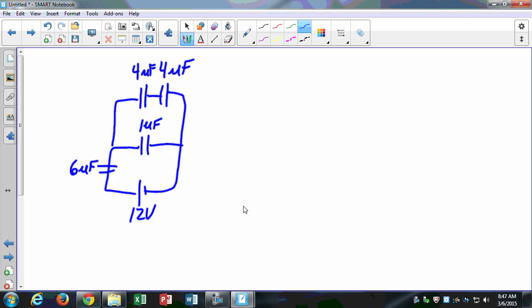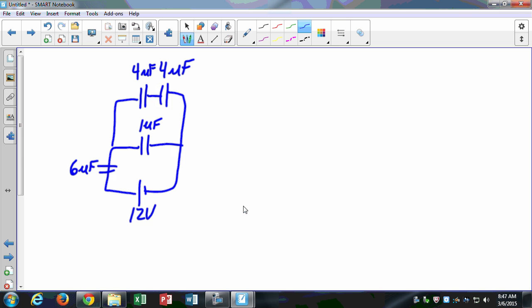No RC circuits, that's resistor capacitor circuits, and no multi-loop circuits. Multi-loop circuits, you'll know them because they have multiple loops and they have 2 or more batteries. So look in your homework. I think there's 1 or 2 multi-loop circuits. You're not doing those for Chapter 4. And also not doing RC circuits. If they have a resistor and a capacitor, you're not doing that.